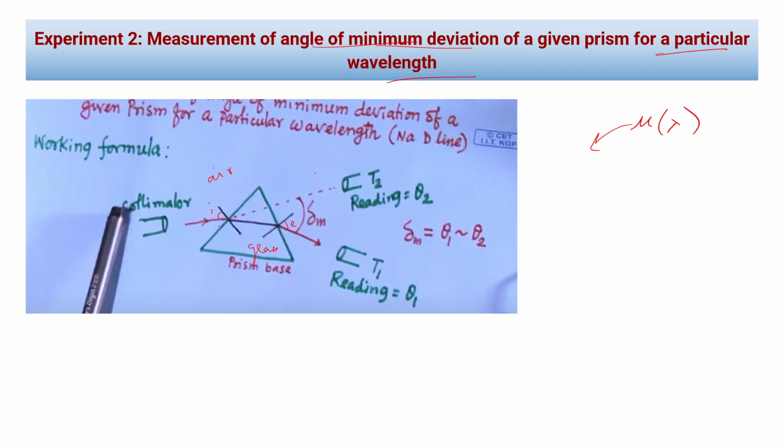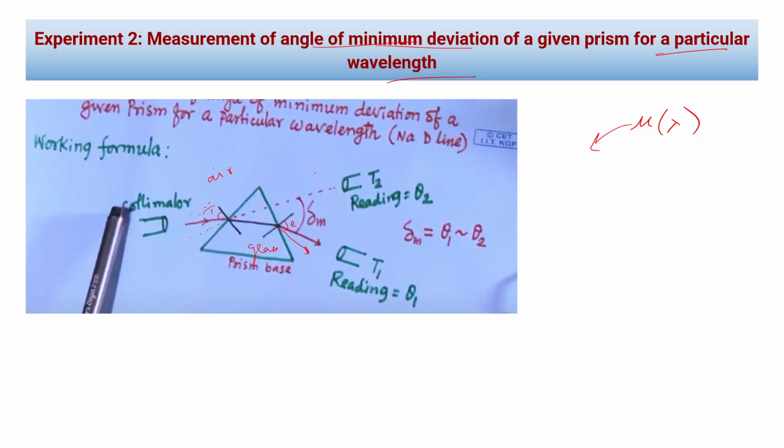So this is the angle of deviation, and if I increase this angle of incidence or decrease it, the deviation will increase, meaning the light coming out of the prism will move towards this side.